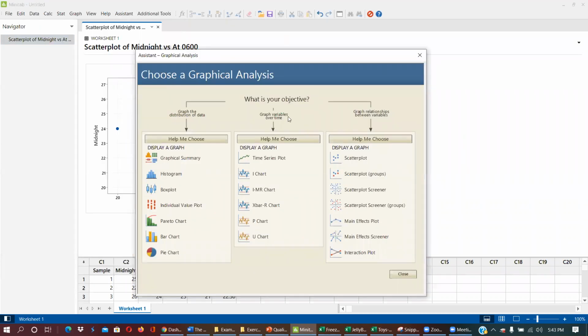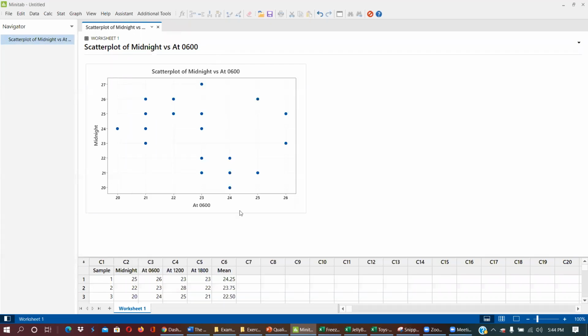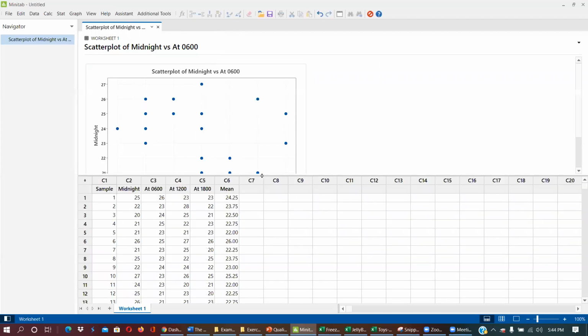What is your objective? Graph the distribution of data, or graph variables over time. So basically this is a time series, I chart, IMR chart, X bar R chart and all. Here it helps me choose a scatter plot, and another thing is the cause and effect diagram.